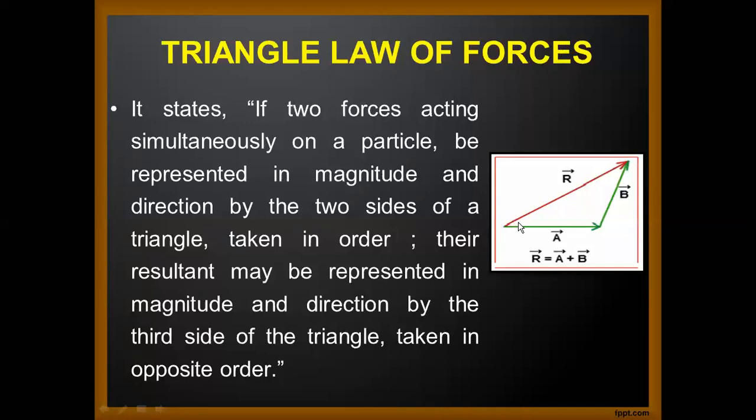Here you see, this is the direction of the A force and this is the direction of the B force. To close the triangle, I should move from this side to this side. But in the triangle law, to determine the resultant, we have to close the triangle in the opposite direction. That will represent the closing side of the triangle, and it is equal to the resultant.